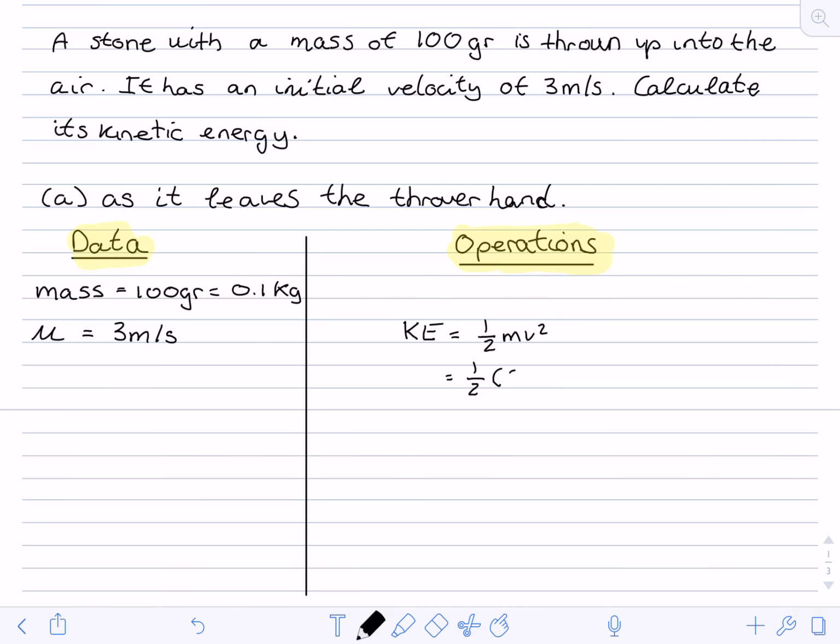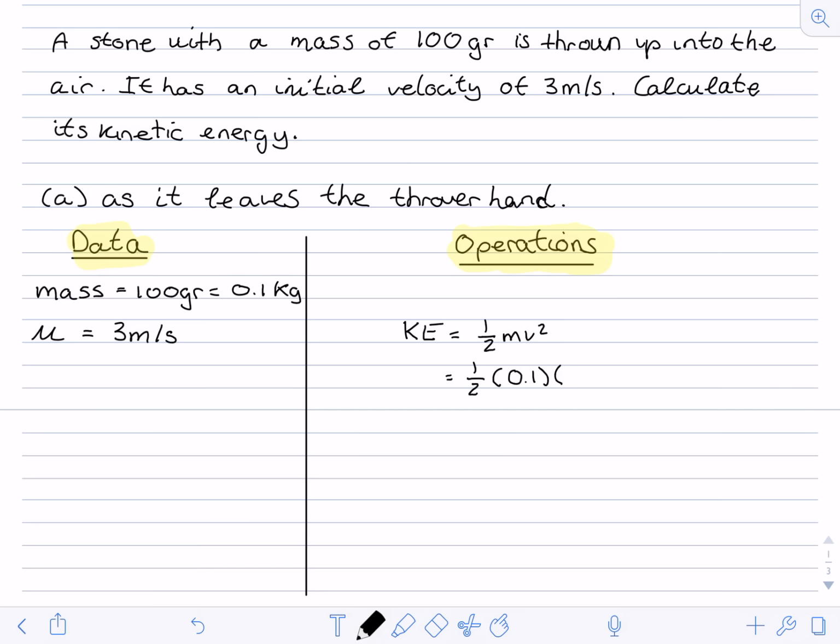Well, we're given the mass is 0.1, and the velocity, which at this point is the final velocity, okay, it says it has an initial velocity of 3 meters per second. So we wrote down u, but in the problem it says v. The thing is that when it leaves the thrower's hand, just when it leaves it, it's going to be the initial velocity, but it's also going to be the final velocity, because we're not thinking about the rest, okay?